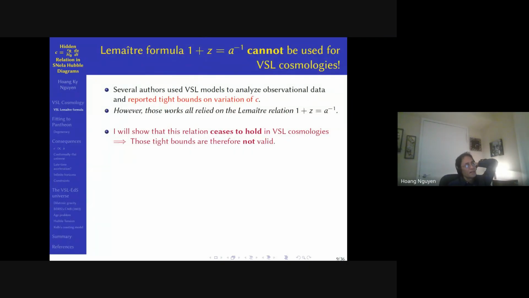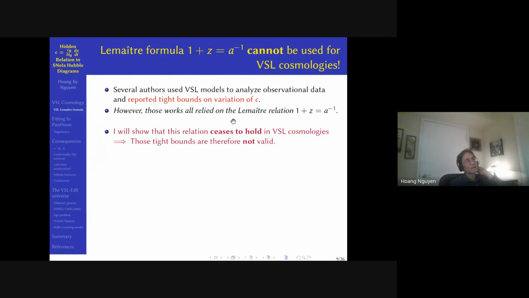Now, one thing I need to state categorically: the Lemaitre formula, 1 plus z equals a to the minus 1, cannot be used for VSL cosmology. VSL stands for variable speed of light cosmology. In the past 30 years or so, a lot of authors have used VSL to apply to Pantheon data and so on, and they reported tight bounds on the variation of C during cosmic time.